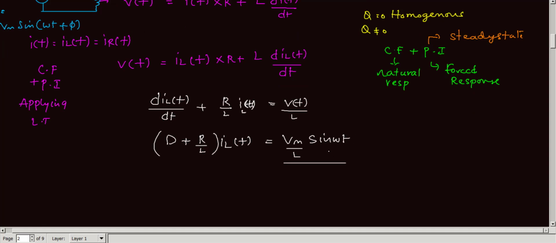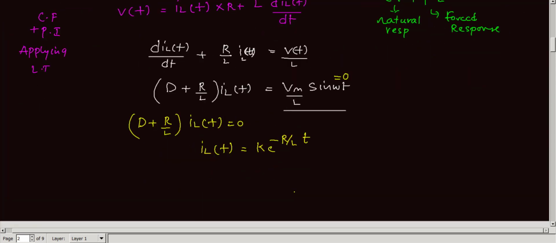I am giving this input. To find the complementary function or natural response, I make it 0. So (d + R/L) iL(t) = 0. If you solve this, iL(t) = k e^(-R t/L). You know the differential equation well.